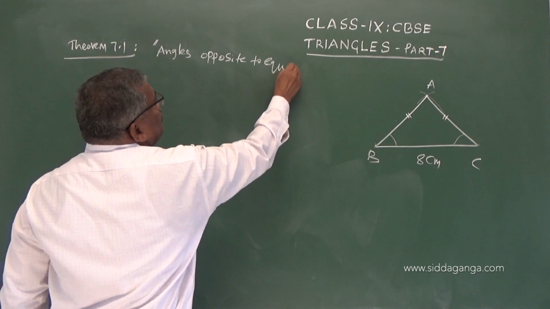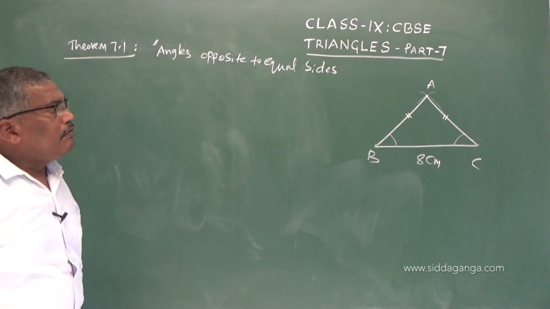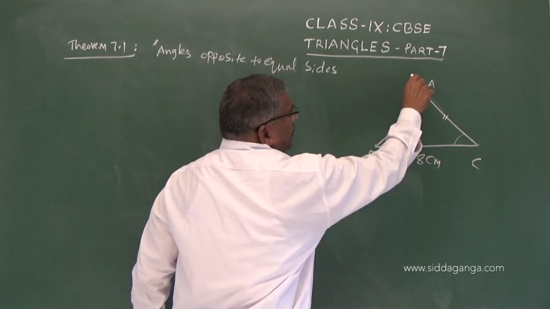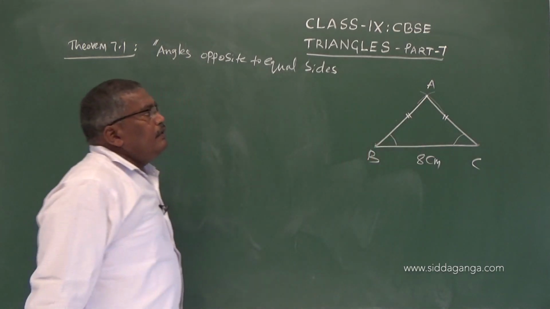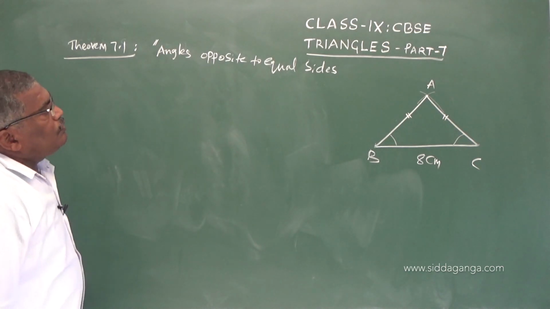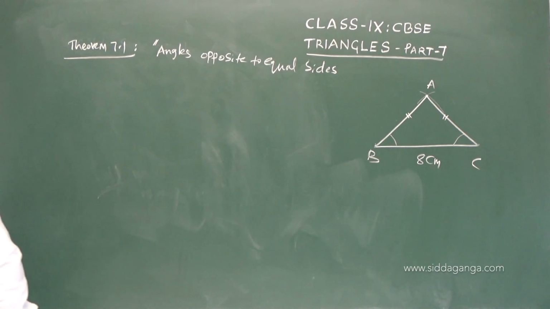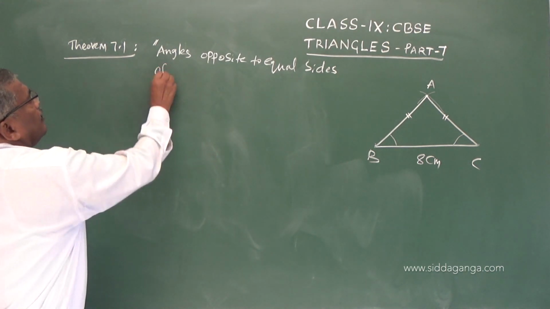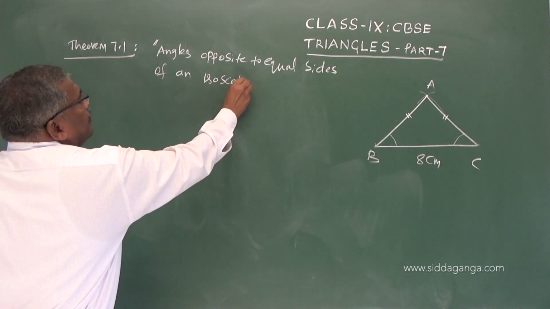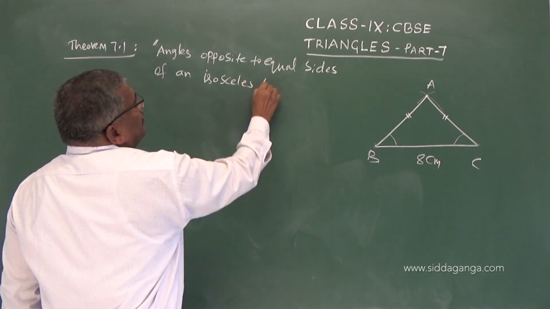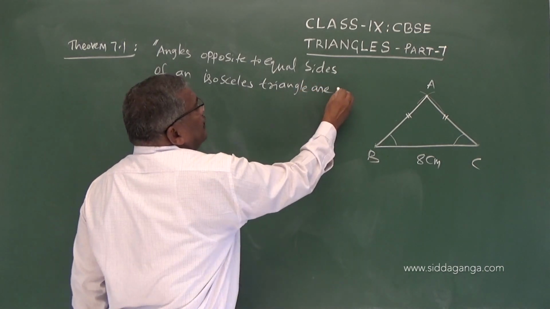AB and AC are equal sides. Therefore, angles opposite to equal sides of an isosceles triangle are equal.